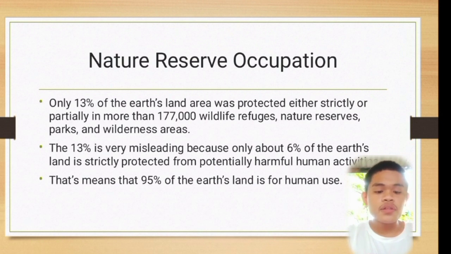The 30% is very misleading because only about 6% of the earth's land is strictly protected from potentially harmful human activities. That means that 94% of the earth's land is for human use.